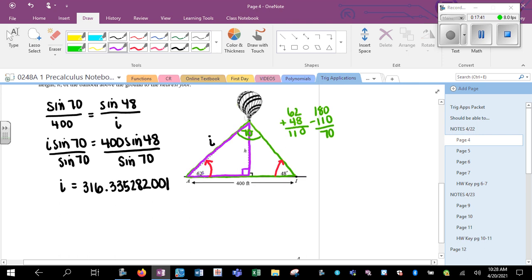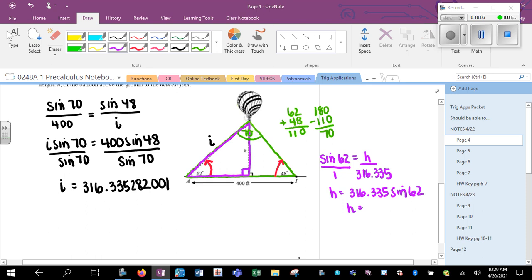Notice from the 62 degrees, we have an opposite and a hypotenuse. So I can do sine of 62 equals the height over letter i, and cross multiply that way. So my height is this 316 decimal times the sine of 62.